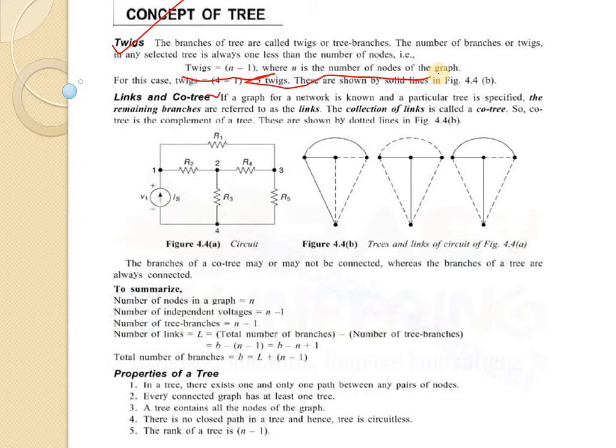Now, links and core tree. If a graph of a network is known and a particular tree is specified, the remaining branches are referred to as links. The collection of links is known as the core tree.